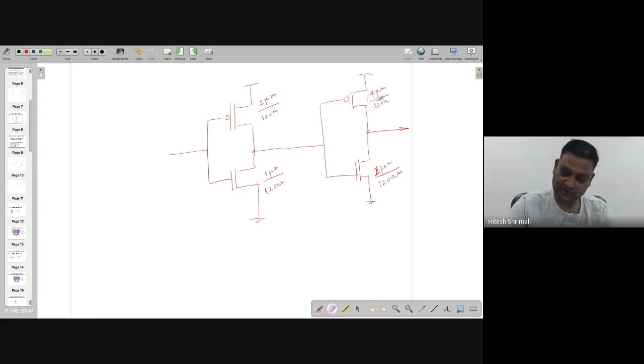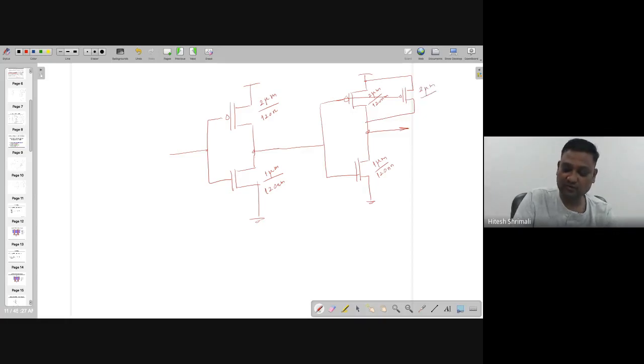Instead of this, if I do as follows, like 2 micrometer by 120 nano and 1 micro by 120 nano, which is exactly identical to what it was here, and I'm keeping one more transistor in parallel, note that these two gates are shorted.